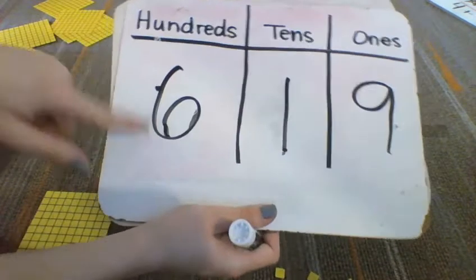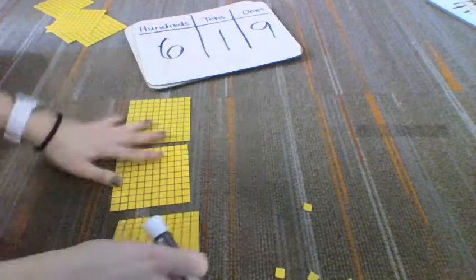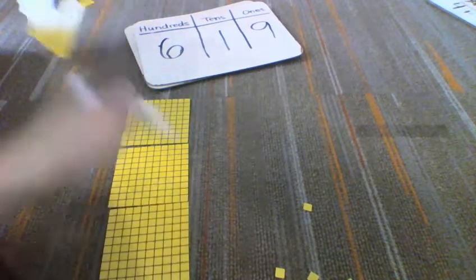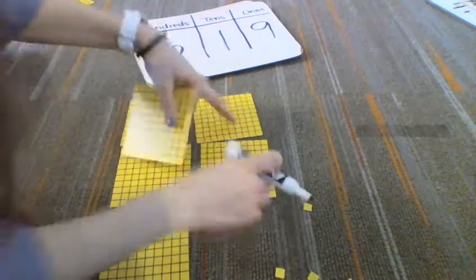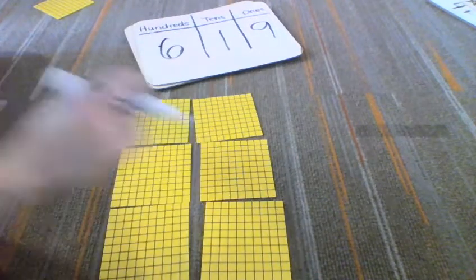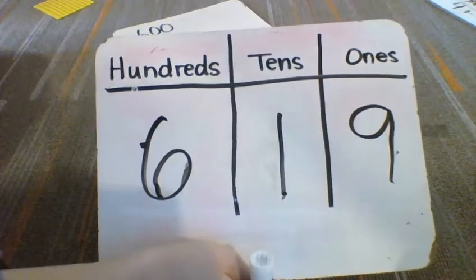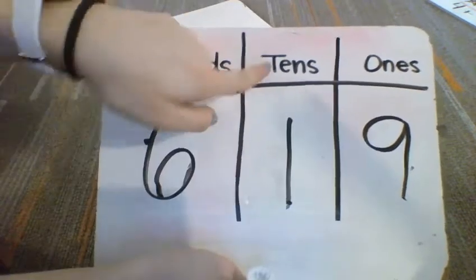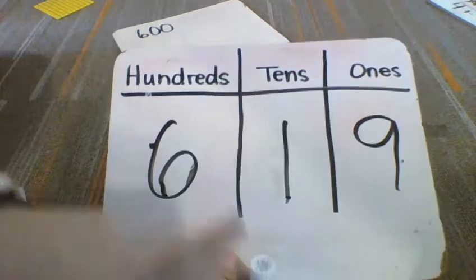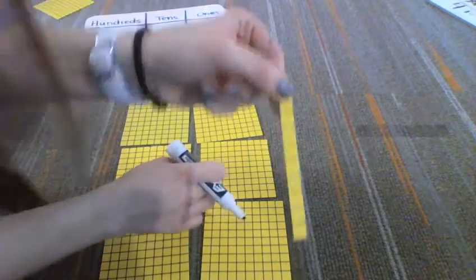So if we have 6 hundredths, we're going to need 6 of these. So 1, 2, 3, 4, 5, 6. And now, how many groups of 10 are we going to need? Only one. You're right. There's a 1 in the tens place value, so we only need one group of 10. So here's one group of 10.